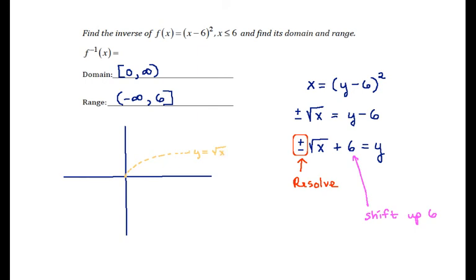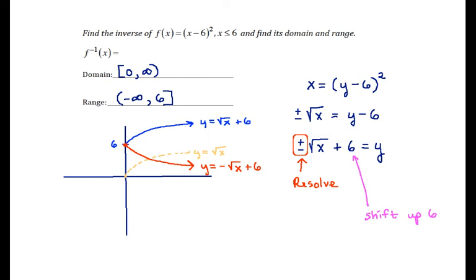So these two pieces of the graph, both shifted up 6, the top portion would look like this. This is y equals the square root of x plus 6. The other piece is the bottom half of the parabola because it's reflected about the x-axis first. This is the graph of y equals negative square root of x plus 6.